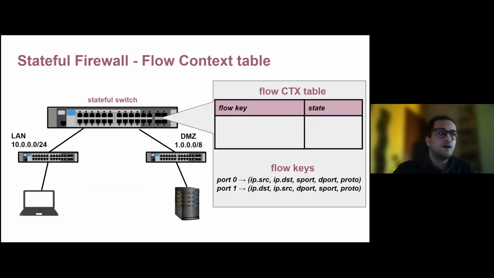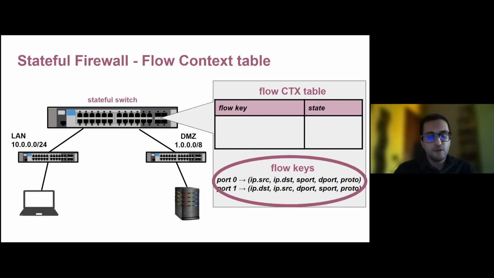Okay, so to implement this function, we need mainly two features. So first, we want to define what those flows are, so how to identify the flows. We do this by defining the flow keys. So in this specific case, we have a bidirectional flow key, because for packets coming from the LAN, we take the 5-tuple, so the IP source and destination addresses, and layer 4 source and destination ports and protocol.